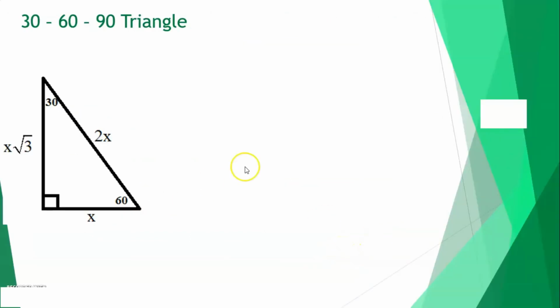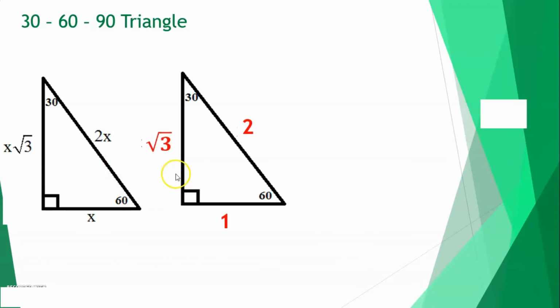A 30-60-90 triangle is considered a special right triangle. In here, opposite of 30 degrees is x, opposite of 60 degrees is x square root of 3, and opposite of 90 degrees, which is the hypotenuse, is 2x.